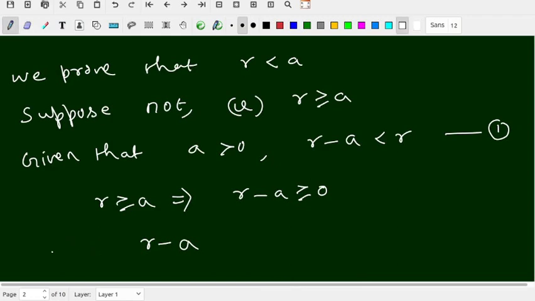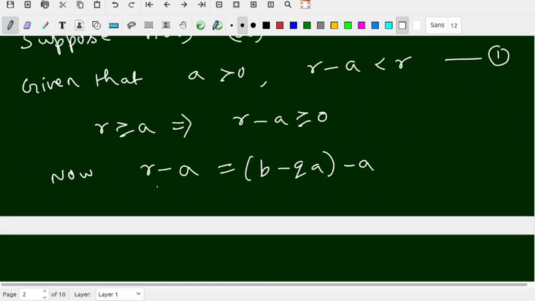Now R minus a is written as b minus qa minus a, because R is b minus qa, so it is b minus (q plus 1)a.